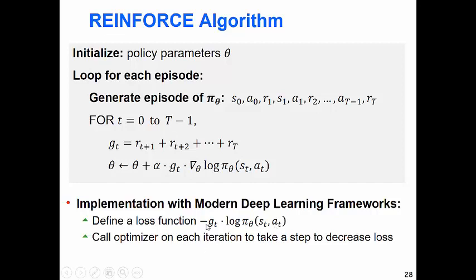The reason there's a negative here is that we're doing gradient ascent. Usually the optimizers are trying to minimize loss, so we have to have the negative. Here we want to increase the reward, so we're doing gradient ascent. Then you just call your optimizer each iteration. You don't compute gradients yourself, it'll just do it automatically for you. You can have a giant neural network. You just go to town defining whatever network you like.